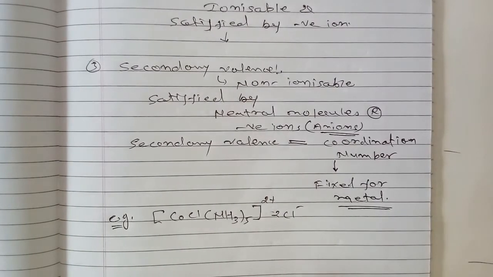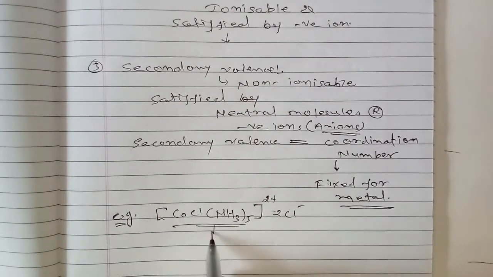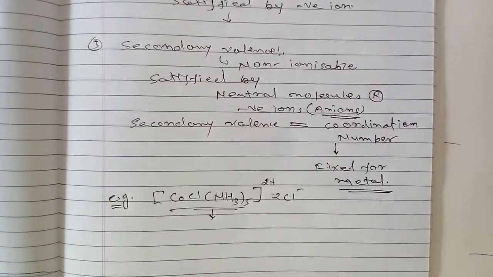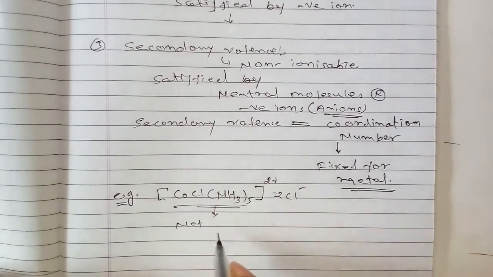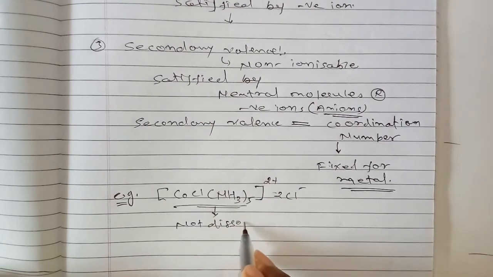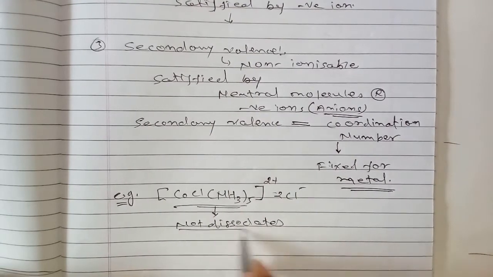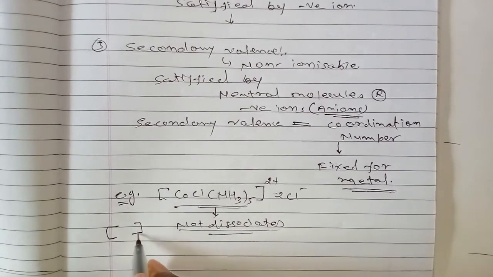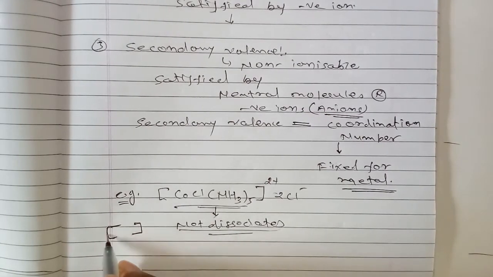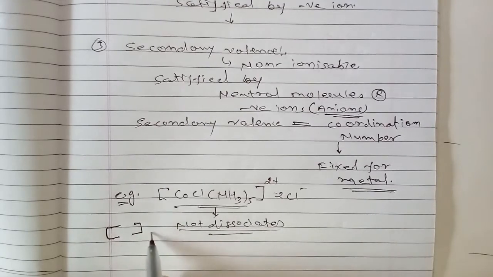So here is the primary valence, and they do not dissociate. In the square bracket, the entity is single, and they are not dissociated.